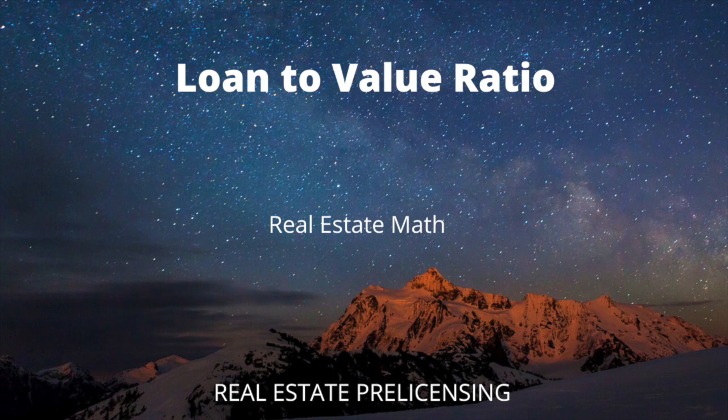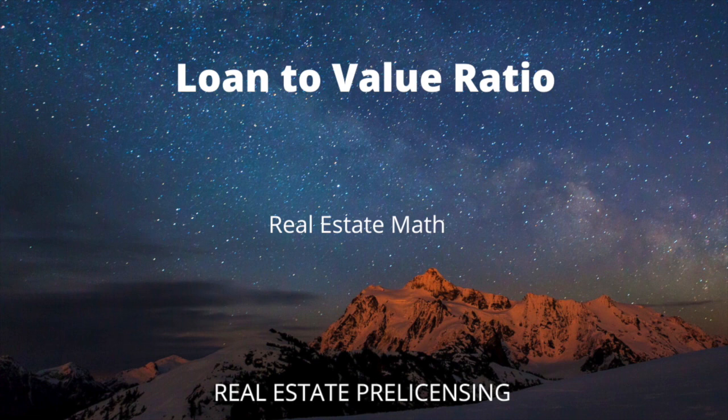Example 2. A property is under contract for $520,000, but the appraisal came back at only $490,000. What is the maximum loan amount a lender will provide using a 70% LTV? Once again, we have to use the lesser of the two values.